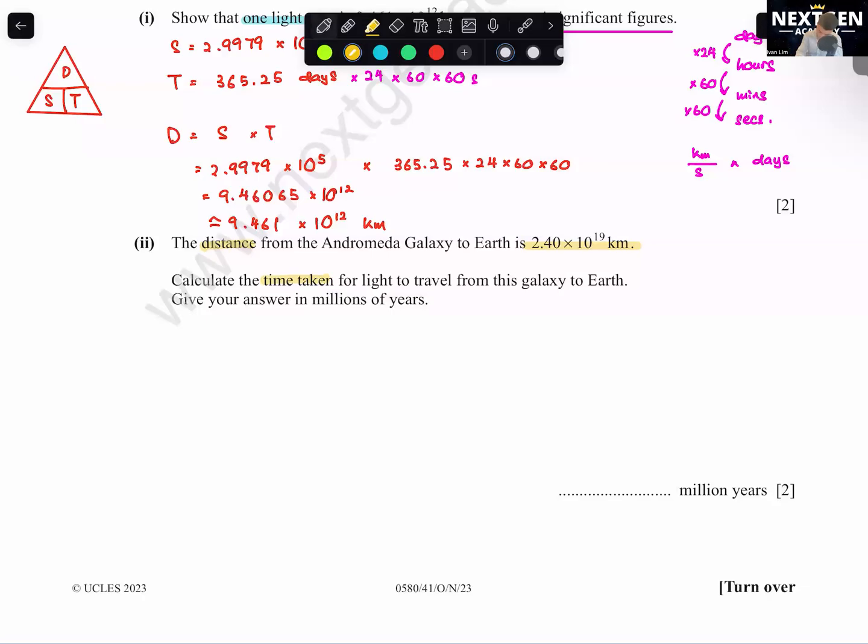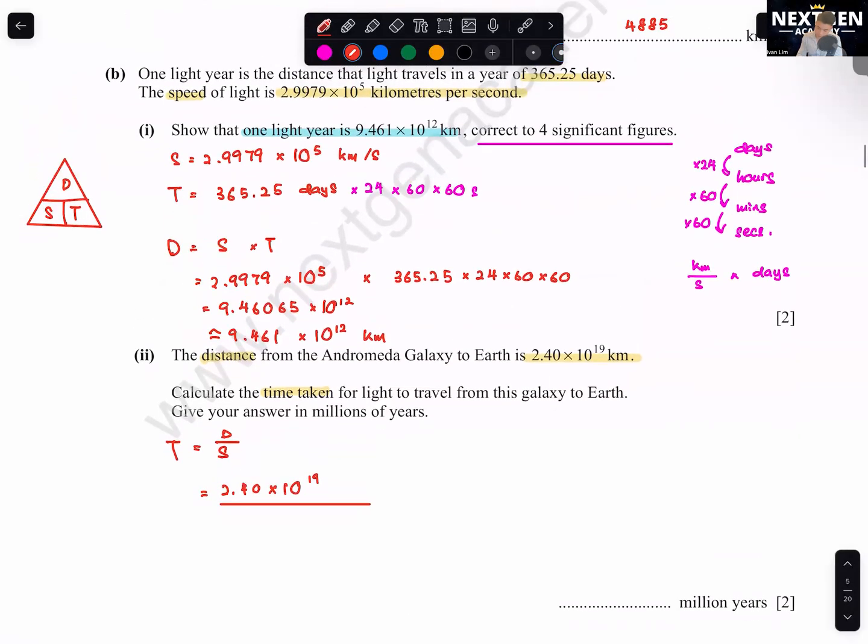We want to find time. Time is distance over speed. What is the distance here? Distance is 2.40 times 10 to the power of 19. What is the speed? Speed is this one here, right?